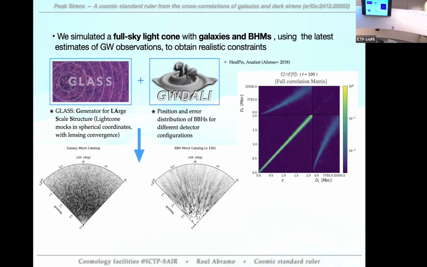And then the black holes were injected using GW Navi, which is Jose Alsco's together with, who else? Jose, you and Ricardo, right? That gives us the positions, errors and distributions for all the black holes. So what you're seeing here is a map using those injected black holes, which always appear inside a galaxy.